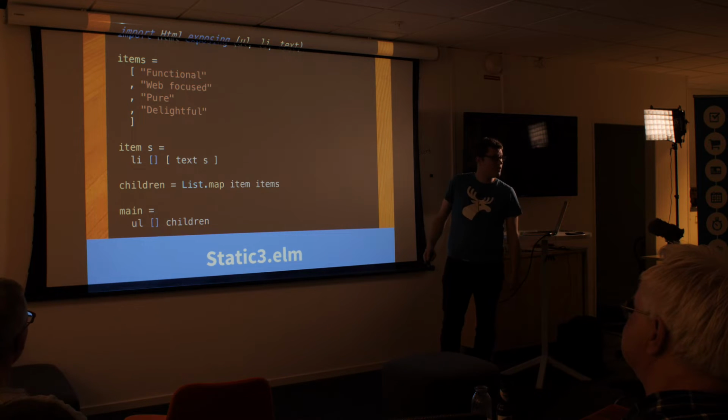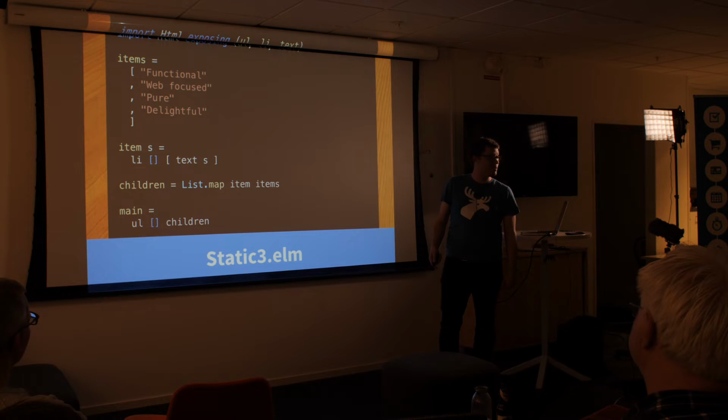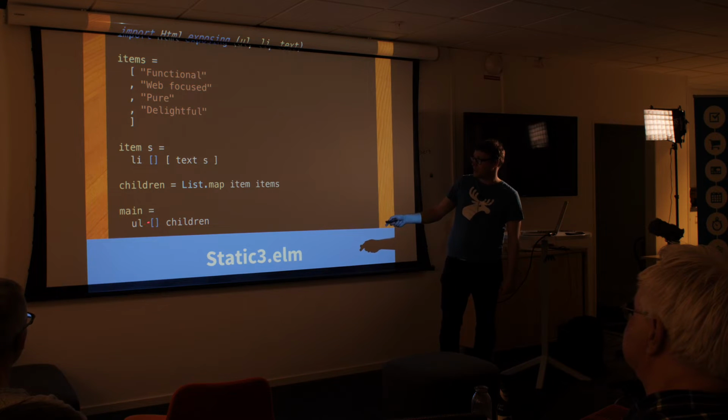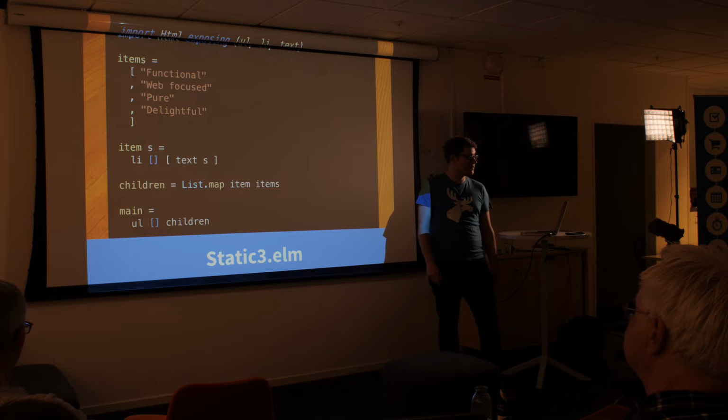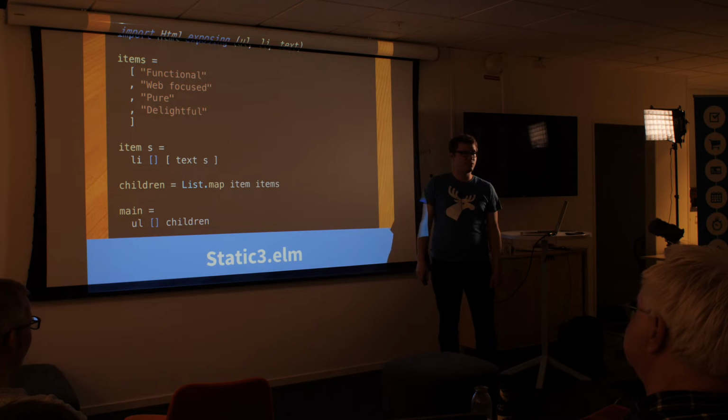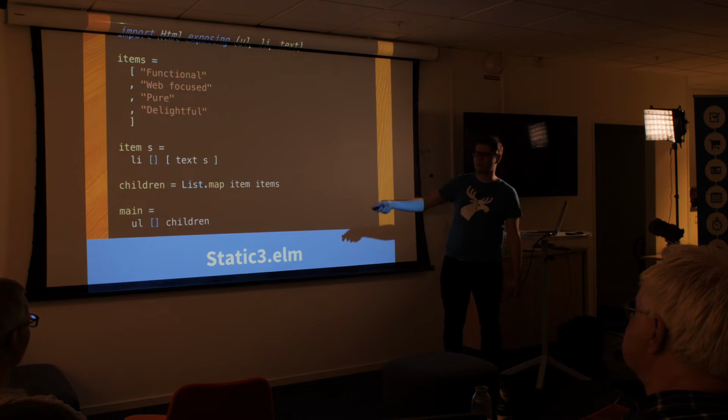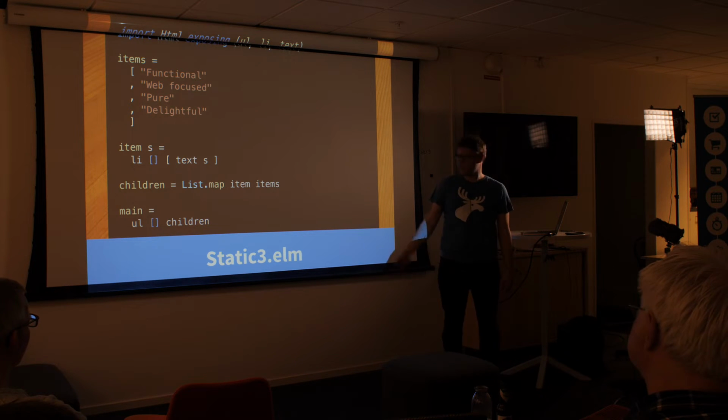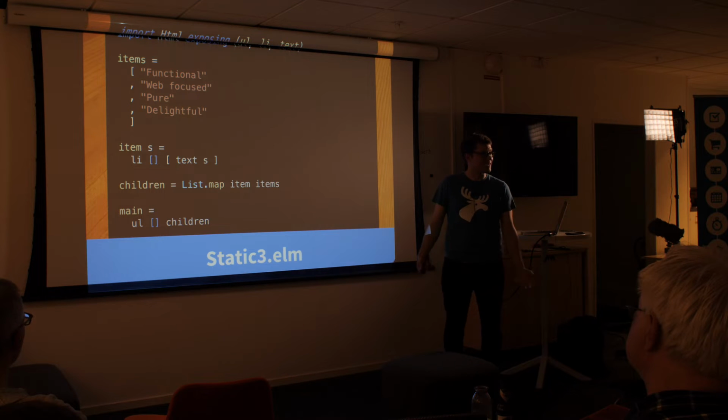Yeah, so this is the full source code of that program. Main function calling ul with the children. Children here is the list.map item items. And suddenly we have four things defined here in the global scope of this module. And it's not very nice to pollute the namespace of the module if there's no reason for other parts of your program to access that.